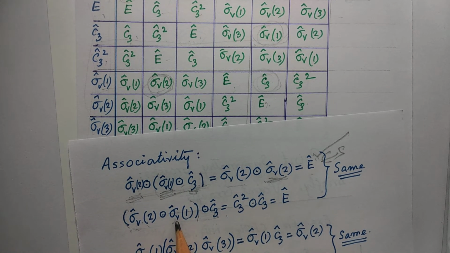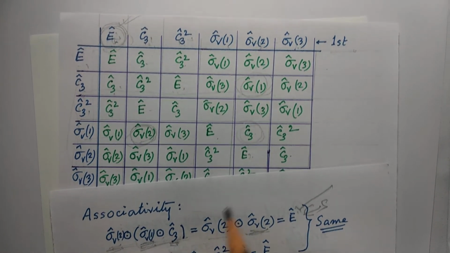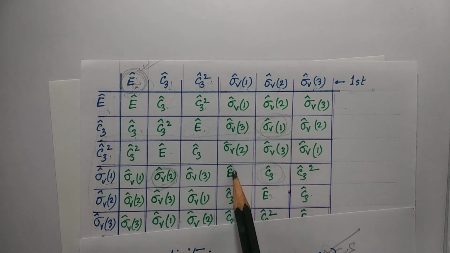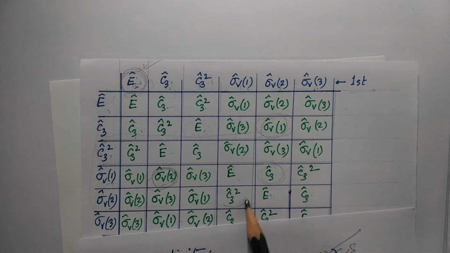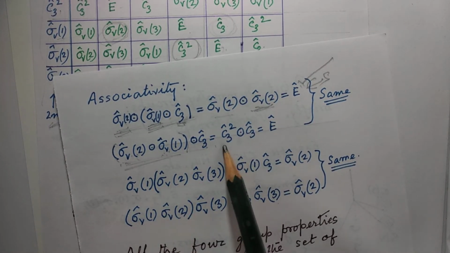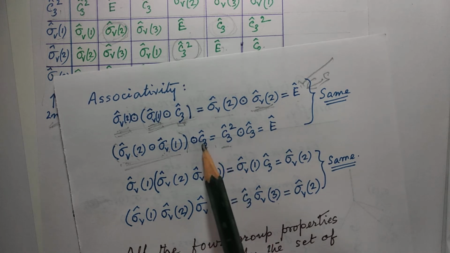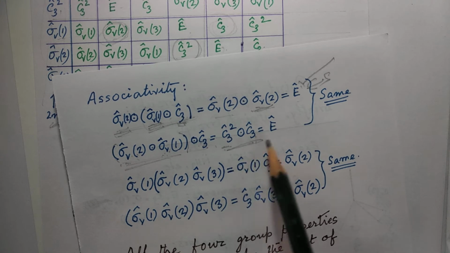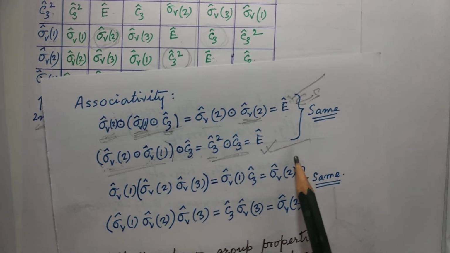Sigma v2 followed by sigma v1 will give what? Sigma v1 first, then sigma v2 gives you C3 square. So this result is C3 square, and this C3 is left. C3 square combined with C3 will give you E.